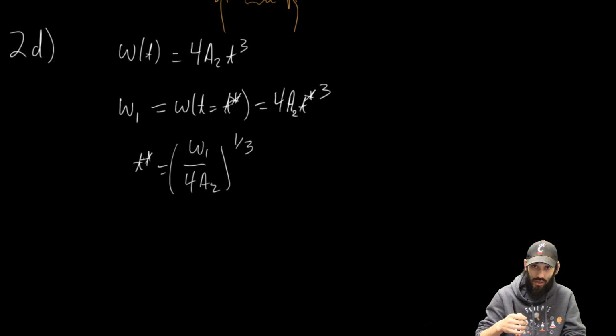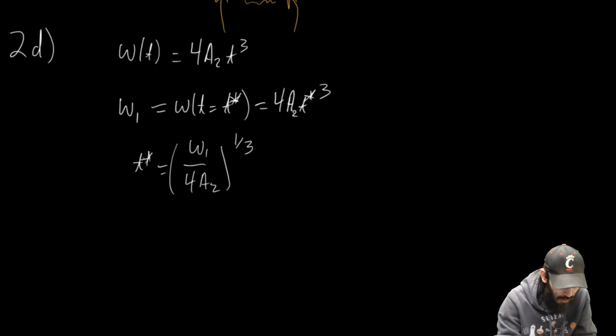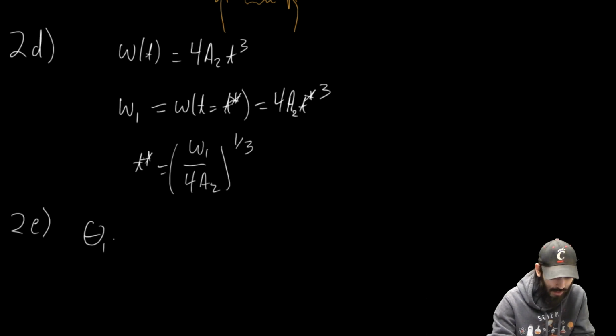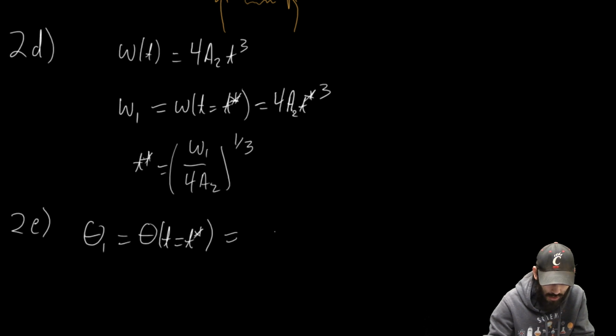Okay. Now, the last thing that we want is what is the angle that this is rotated through when it has an angular velocity of omega 1. So to E, we say that theta 1, the specific angle that we're looking for, is the function theta of t evaluated at this special time, and theta of t was given by a2 t to the 4th, but really we're evaluating this at t star, so this is t star to the 4th.